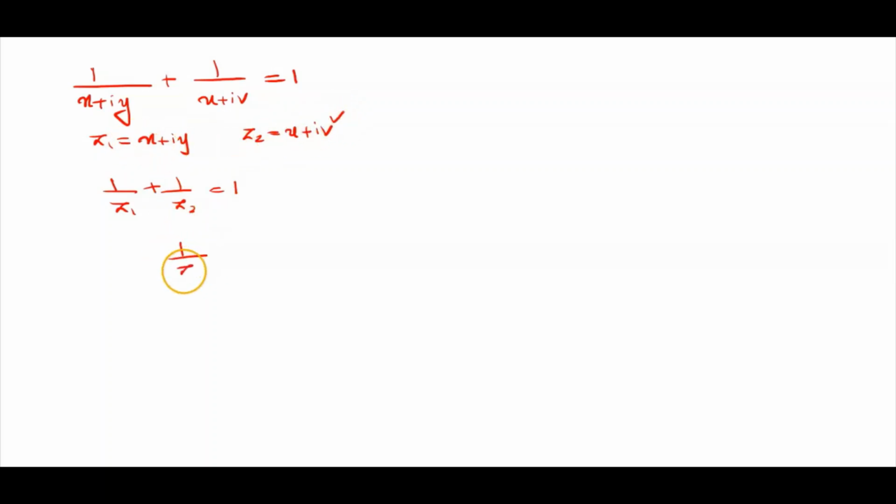So this is 1 by z2 equal to 1 minus 1 by z1, that is z1 minus 1 divided by z1. And taking the reciprocal, we get z2 is equal to z1 divided by z1 minus 1.